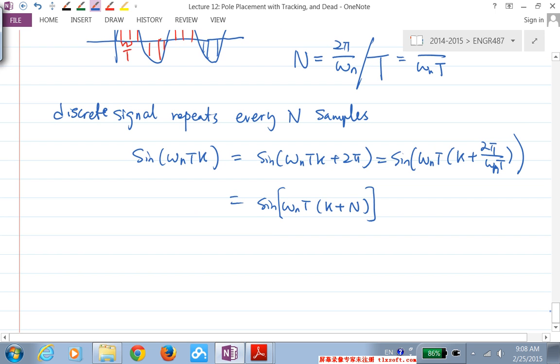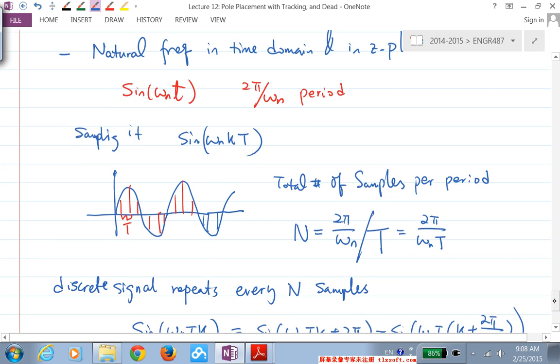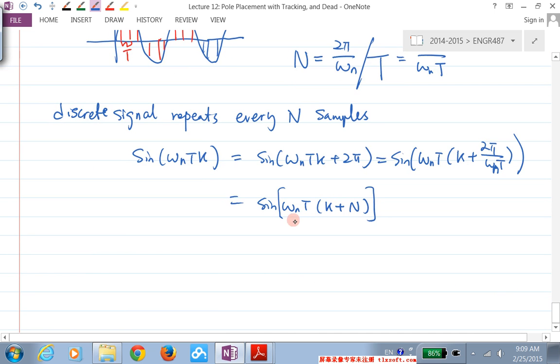The natural frequency in the continuous time domain is omega n. In the discrete domain, the variable is not time anymore, it is the instant k.